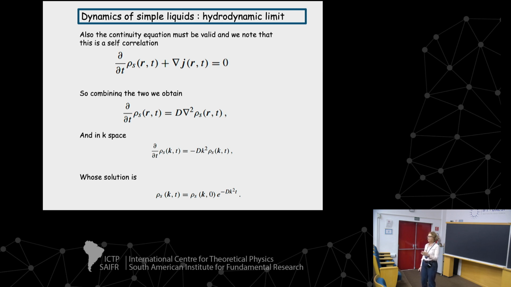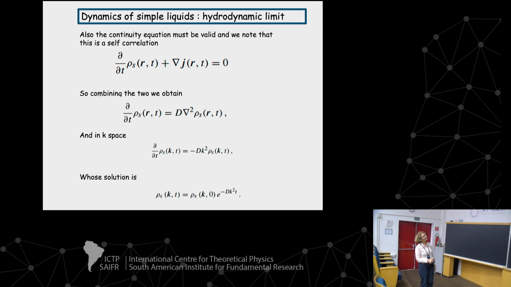If someone is missing from this room, it means that someone must have gone out. If we are more, someone must have come in. It's only this, the continuity equation. So d/dt of rho, the density, is equal to minus the divergence of the current.